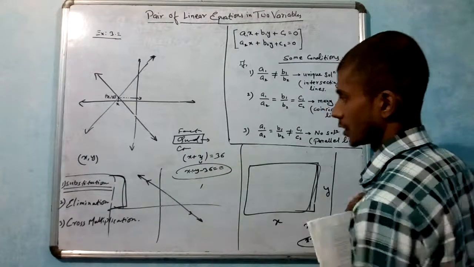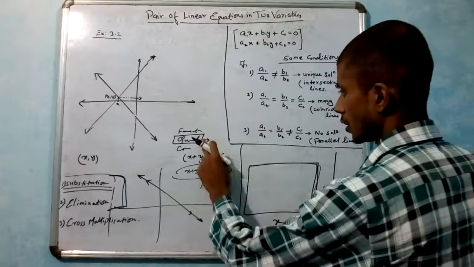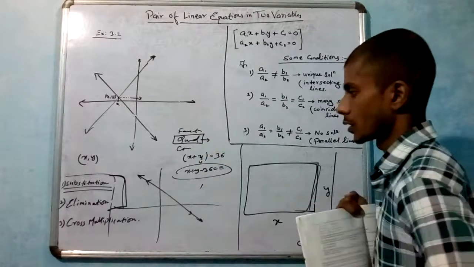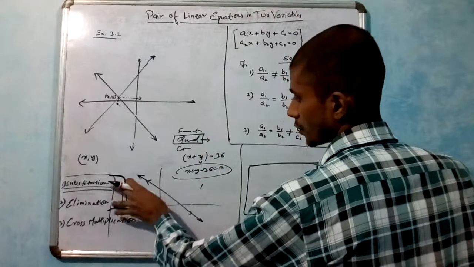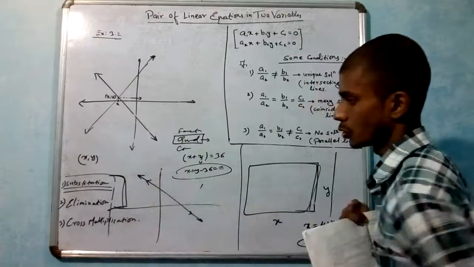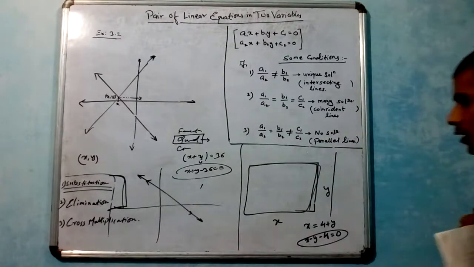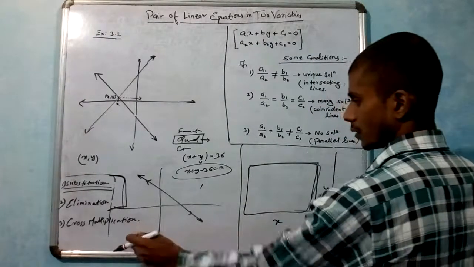Use your a, b, c, substitute and get the answer. Just like that, in this case people generally use either substitution or elimination depending on the question, because both are easier than cross multiplication. It's not tough, but a little lengthier than these two.